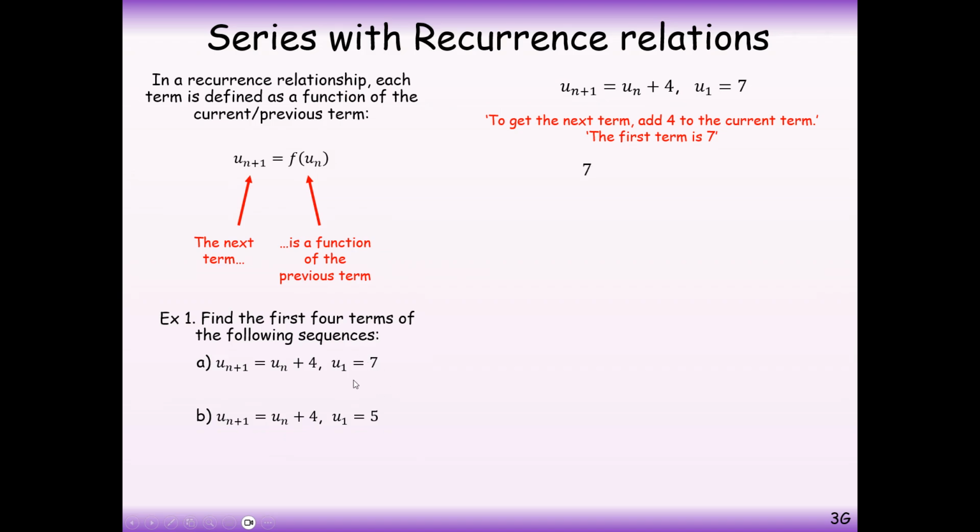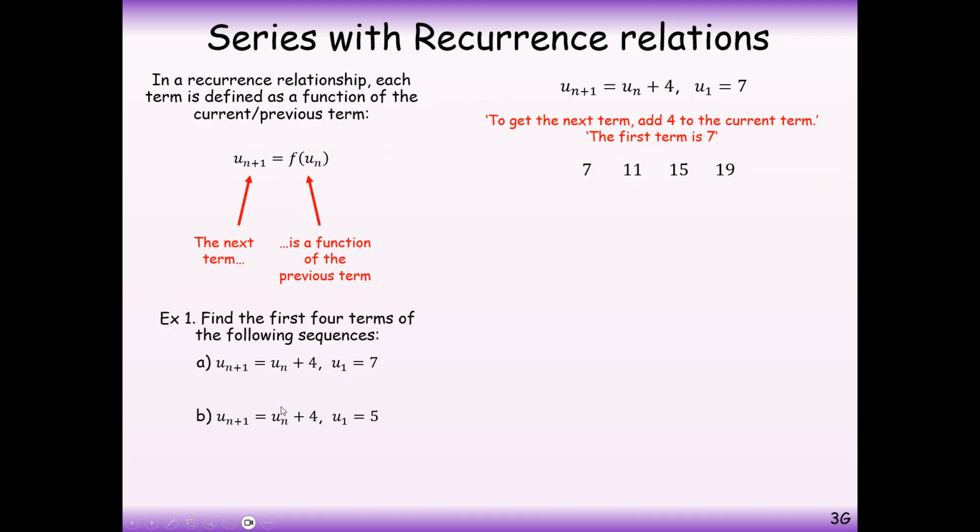So we write 7, 11, and then 11 plus 4 is 15, and 15 plus 4 is 19. Simple, isn't it? Do you want to have a go at part B and then check your answers with me? Okay, I hope you've had a go.